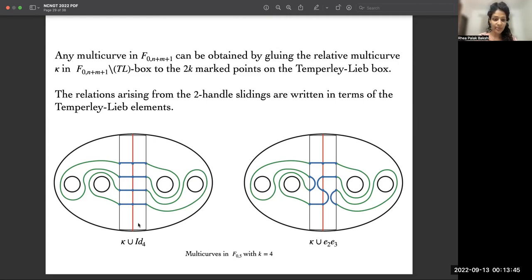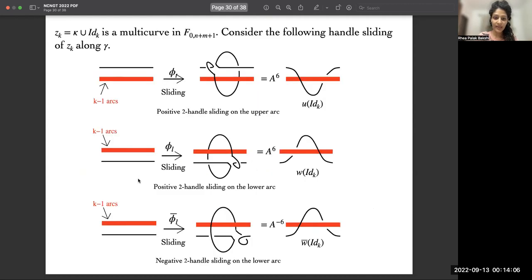So this, for example, represents the disk with 4 holes, and this is ZK with the identity element of the Temperley-Lieb algebra with 4 points on the left edge and 4 points on the right edge. So that's TL4. And so this element over here is Z4 in the theorem. So now that we have a nice representation of handle slidings, what are the possible handle slidings that you could have?